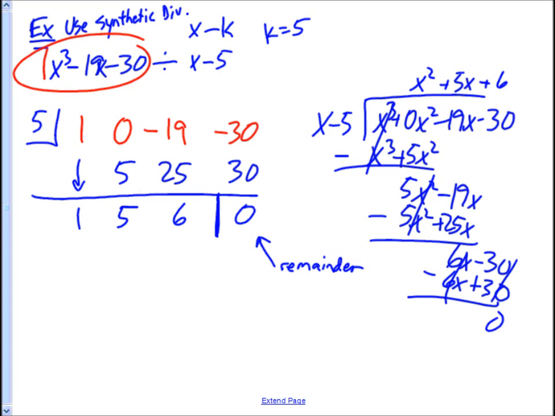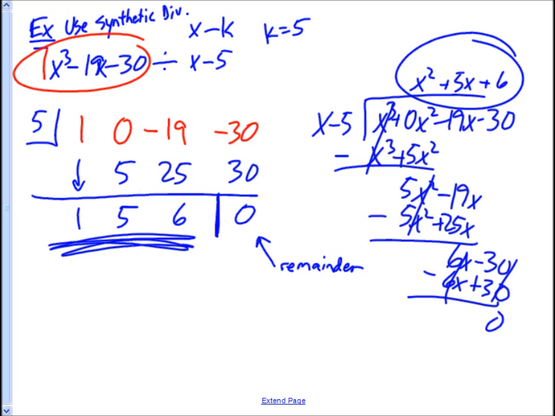So you're like, okay, wait a minute. How is this the exact same thing as that answer? Because that's what I'm showing you: another way, synthetic division, a quicker way, supposedly, to do that same process. These are my coefficients of my quotient up there.